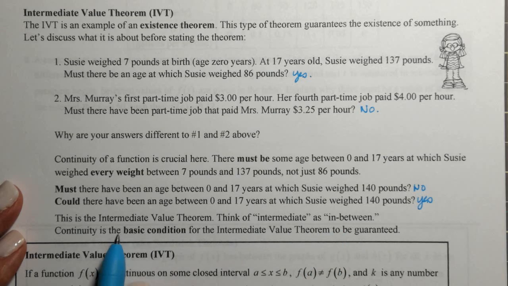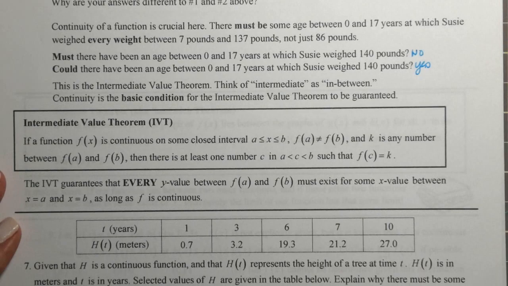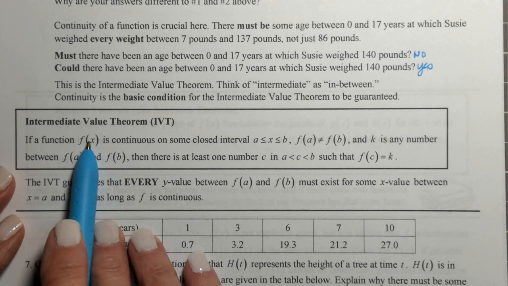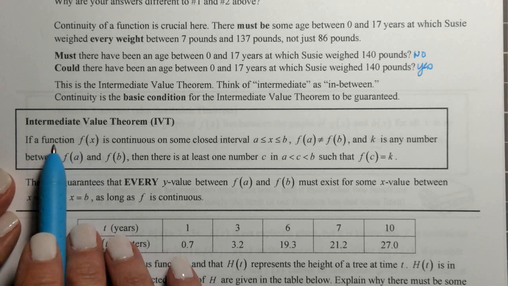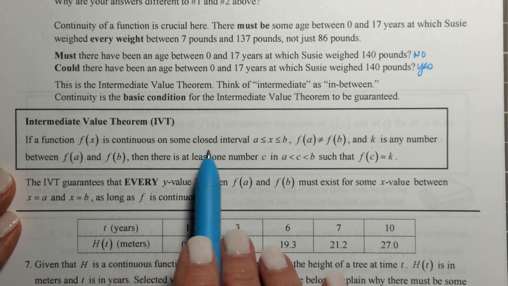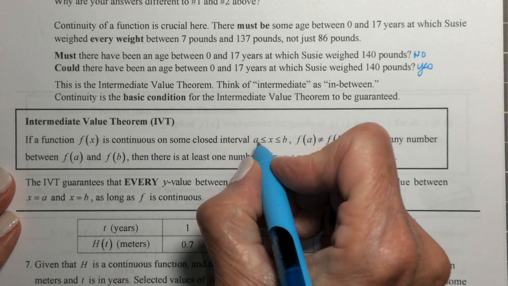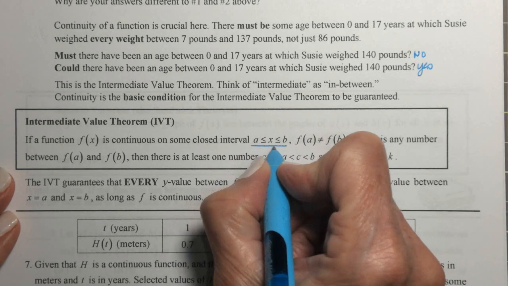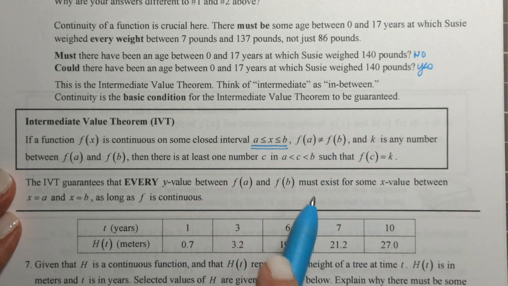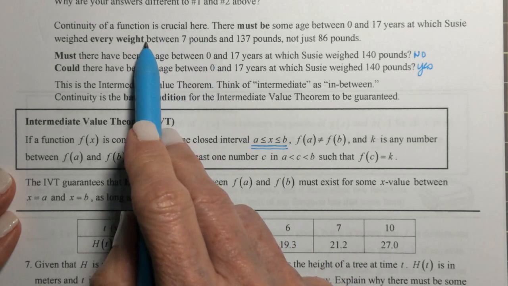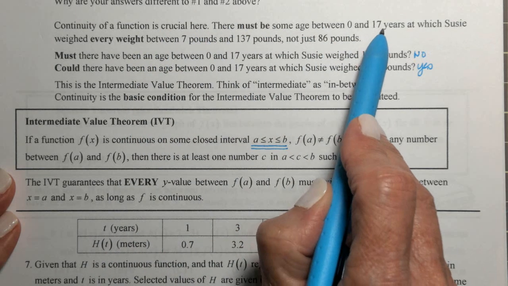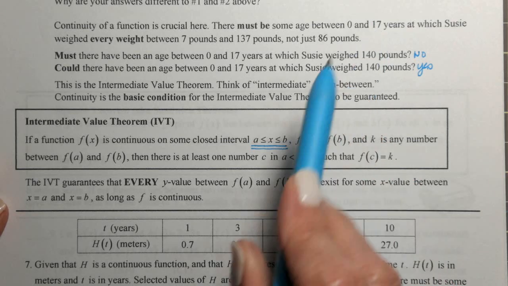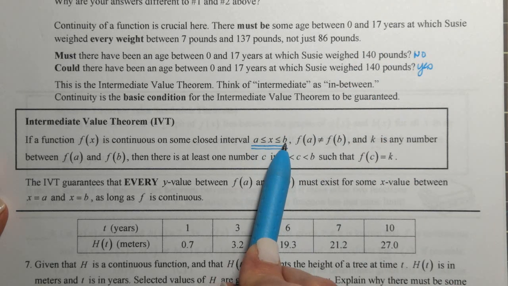Okay. And continuity is the basic condition for IVT. Here is IVT in a formal way. If a function f is continuous on a closed interval, this is the minimum that it must be continuous. So, on this closed interval, it would be age 0 to age 17 years. 0 to 17.